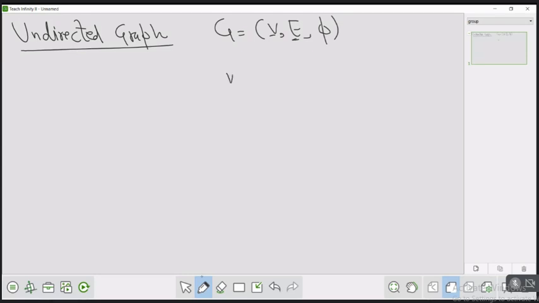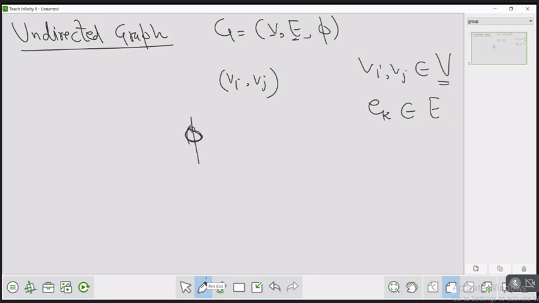Suppose Vi and Vj are a pair of vertices, and Vi and Vj belong to the set V. And suppose Ek is an edge of E. Then this mapping joins them.